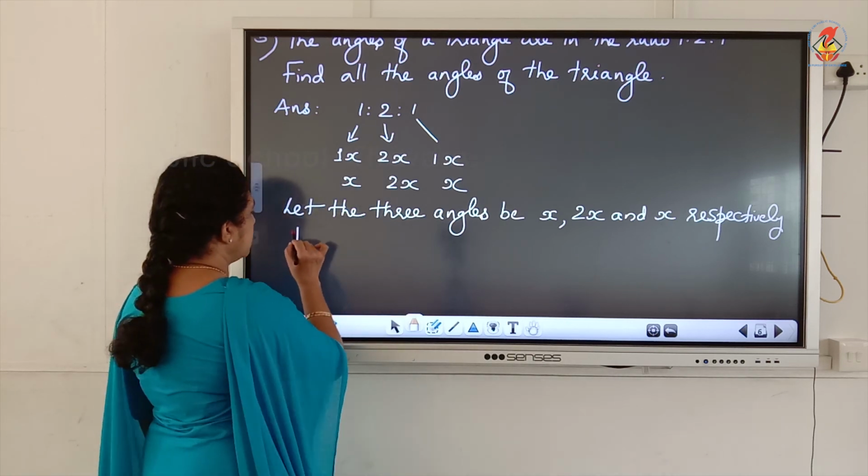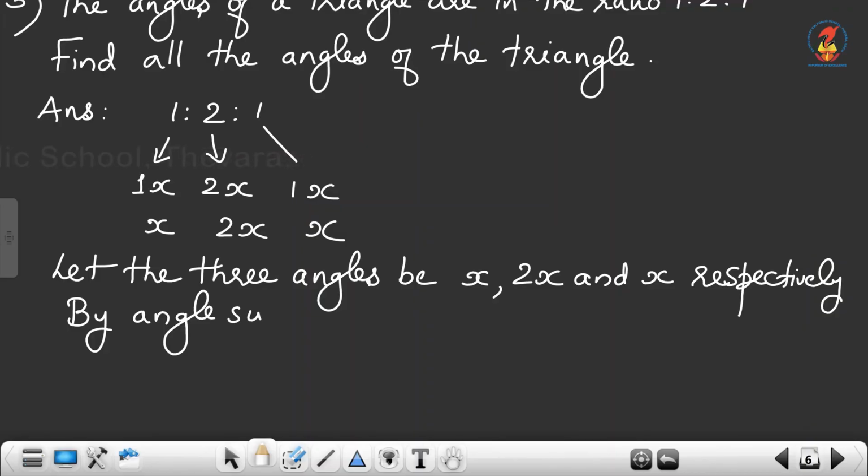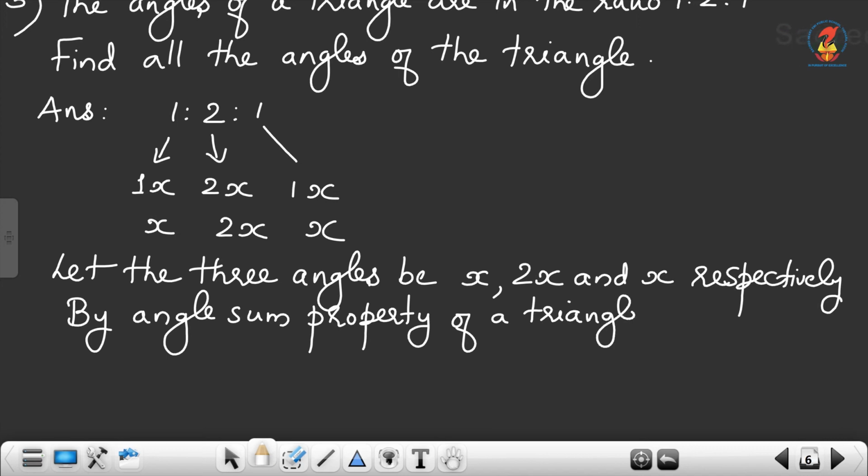Therefore, by angle sum property of a triangle, x plus 2x plus x equal to 180 degree.